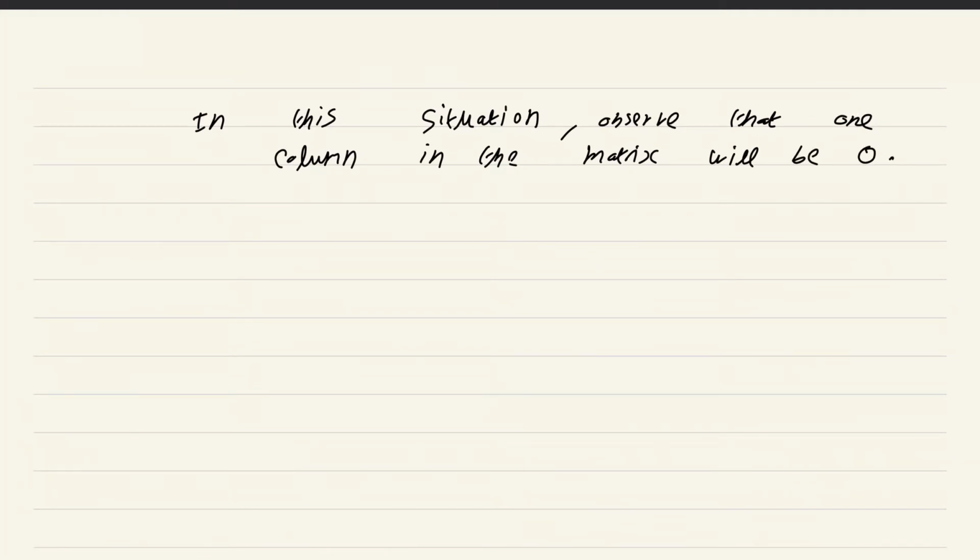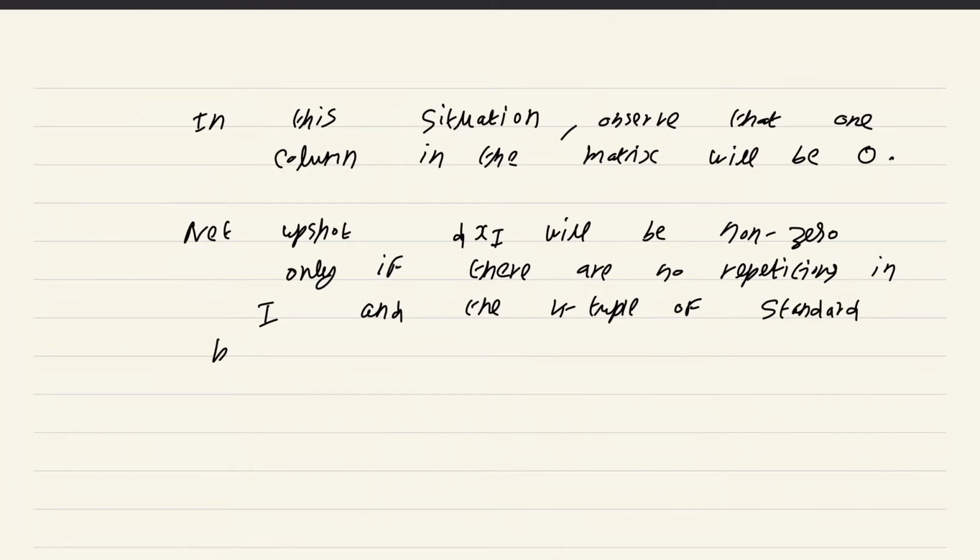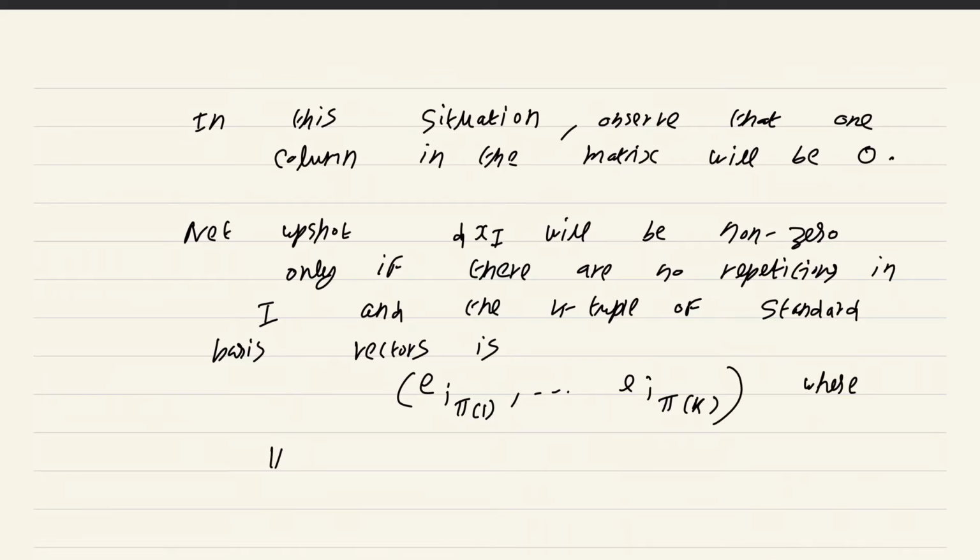So the net upshot is dxI will be non-zero only if there are no repetitions in I, and the k tuple of standard basis vectors is some e_{I pi(1)}, ..., e_{I pi(k)}, where pi is a permutation of 1 to k.